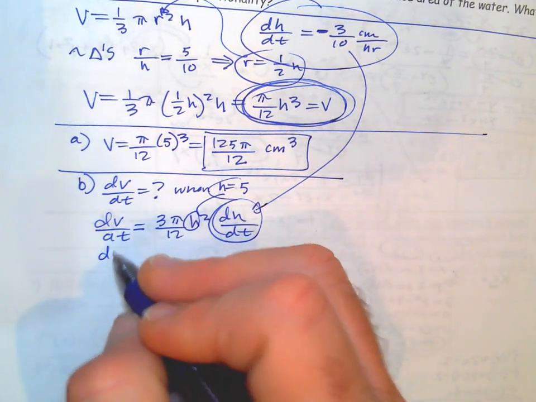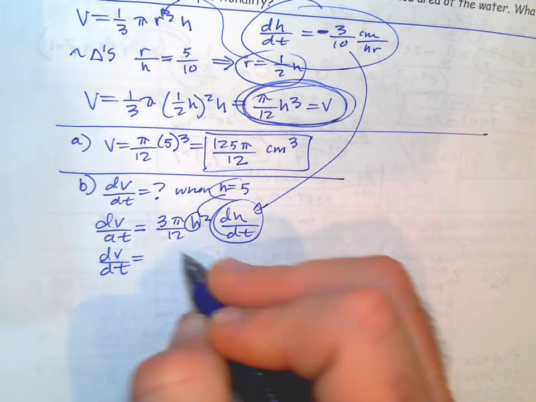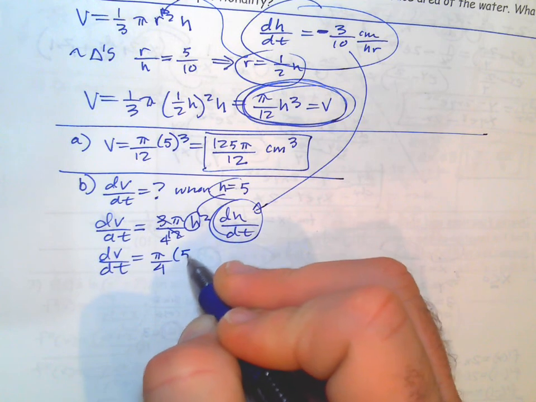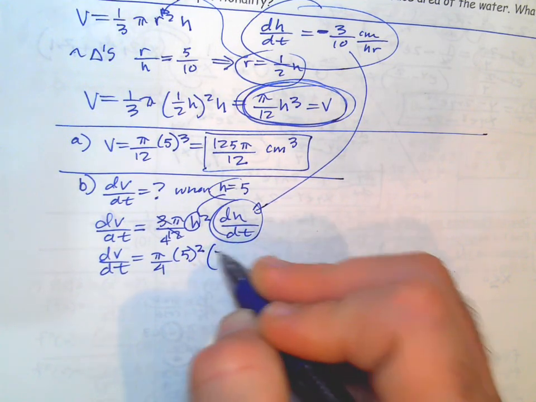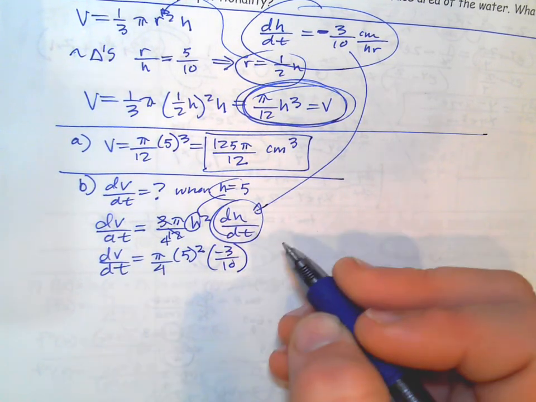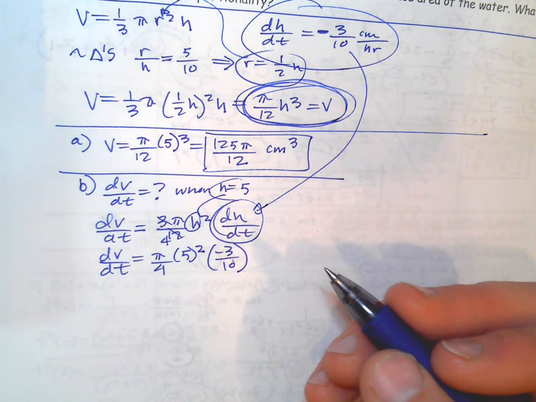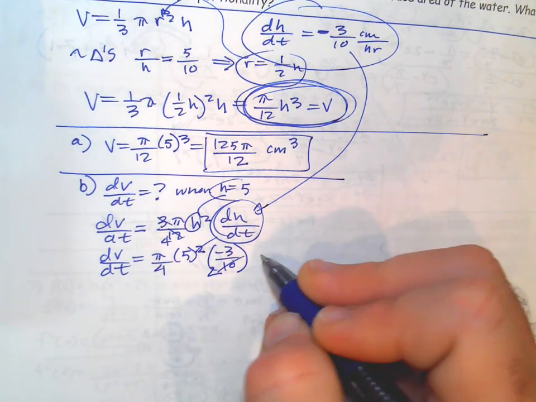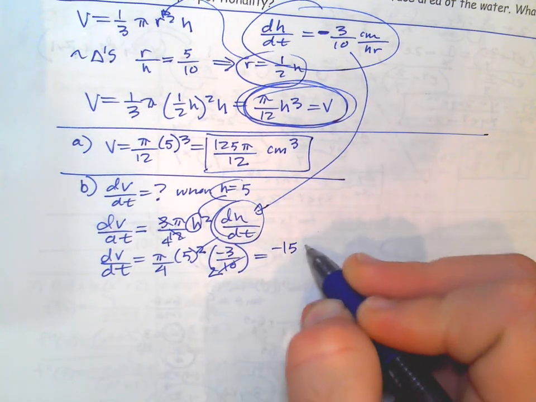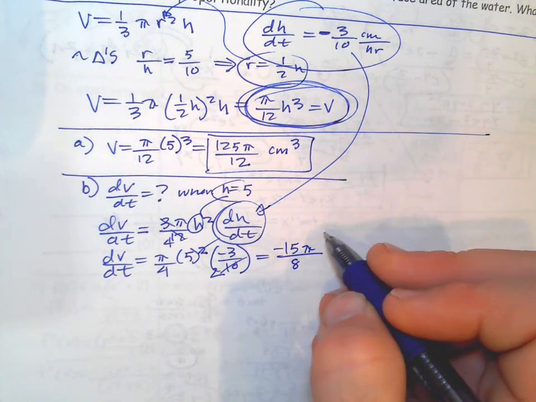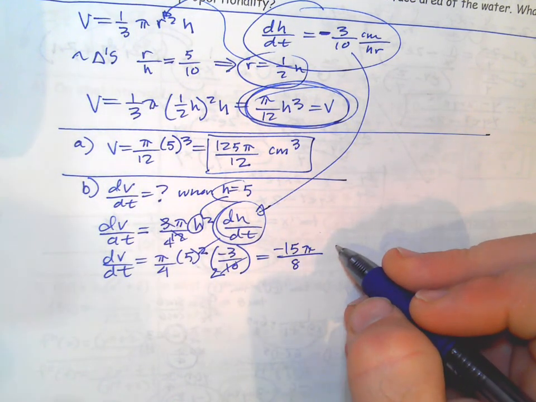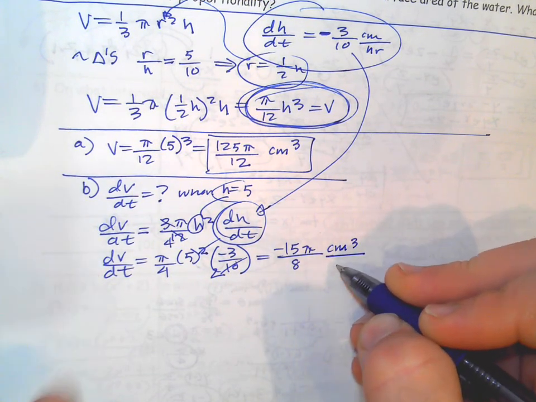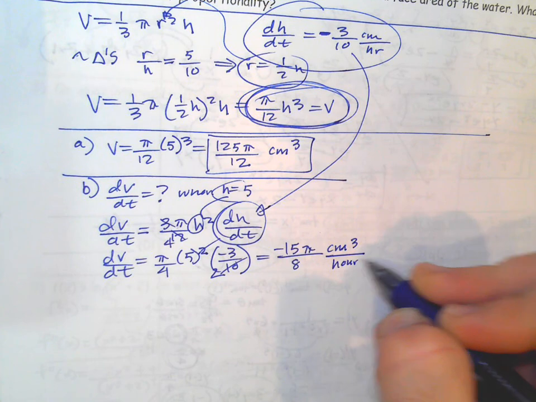And then this should be pretty straightforward to find dV/dt. So we've got pi over 4, we've got 5 squared, we've got negative 3/10, and we should expect the rate of change of the volume to be negative. We could take one of these 5s out. So negative 15 pi over 8. The units should be volume, which is cubic centimeters, over time, which, if you look in here, is hours.